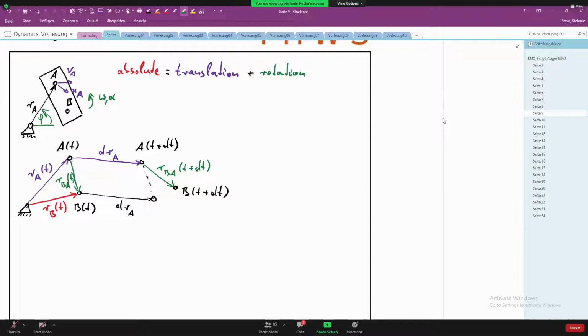But of course, both of them are on a rigid object, so the distance does not change. R_BA is constant over time. But what has changed is the angle here, d phi.